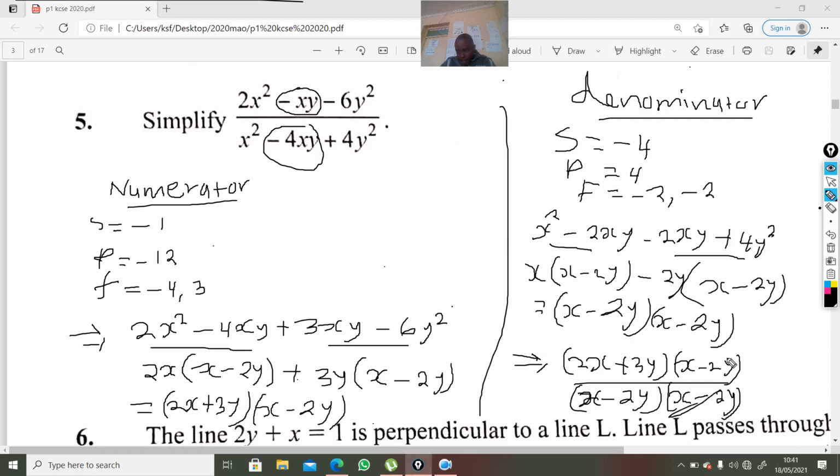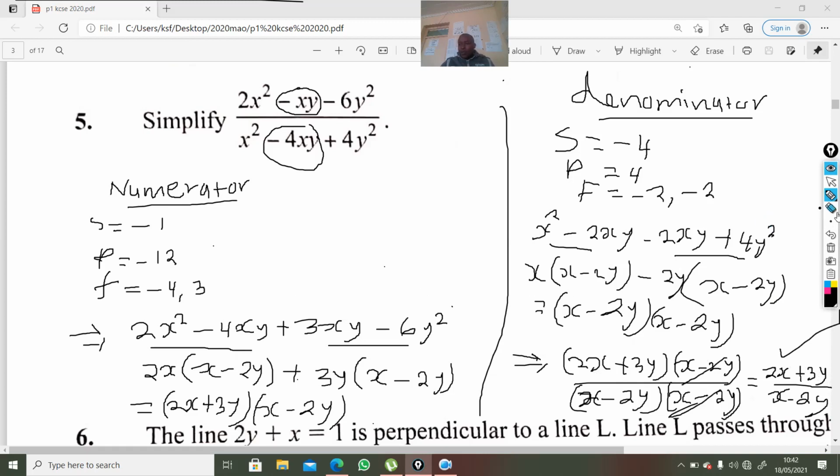These can cancel out, so we remain with the answer to be 2x plus 3y all over x minus 2y. That is what you want to simplify and get.